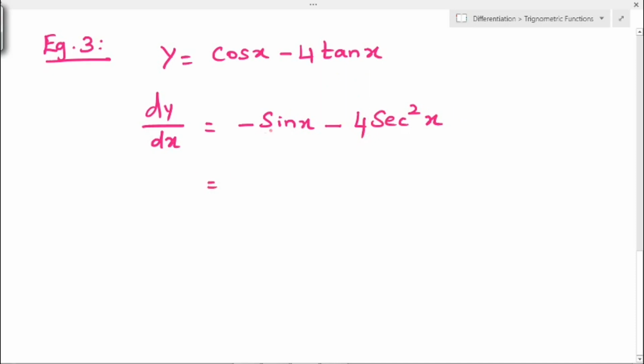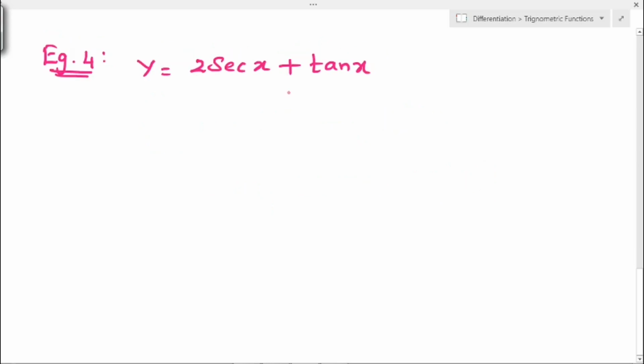This is equal to, here we have minus common, so I am taking it out. So first term is sin x plus, because we are taking minus outside, it will become plus 4 into secant square x. So this is the derivative of cos x minus 4 into tan x.